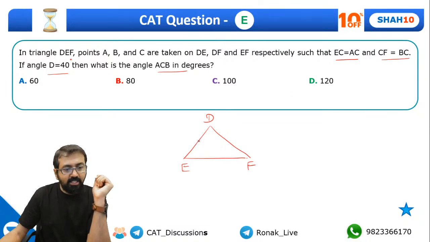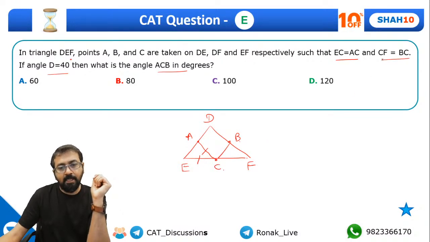A is on DE, then B is on DF and C is on EF. So EC is equal to AC. These two are equal, right? And CF is equal to BC.